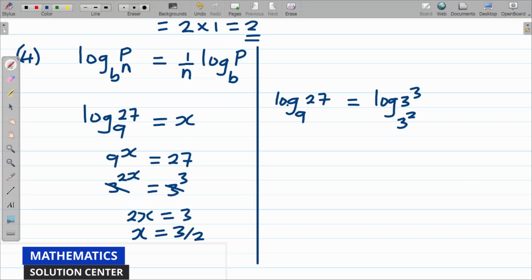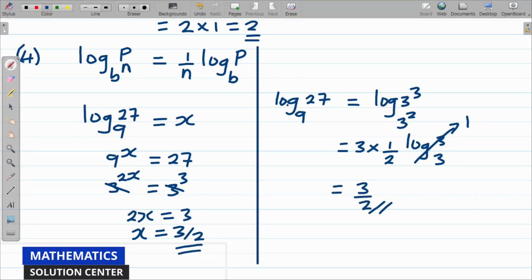So I will take 3 to the front. I can also take the power of the base to the front, which is 2, coming as 1 over 2 as the reciprocal. Then I have log 3 base 3 left. The log of a number to the base of that number is 1. It means what power will 3 be raised to get 3 is 1. Therefore, I'm left with 3 over 2. So you can see it's the same answer as the previous method I have used.